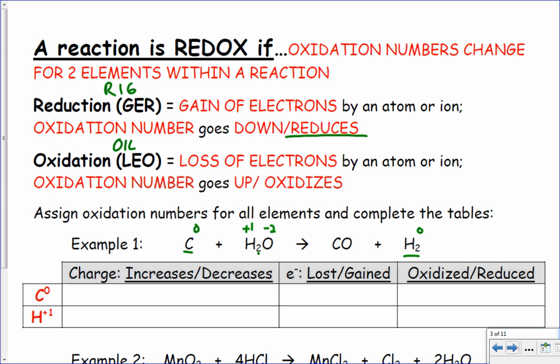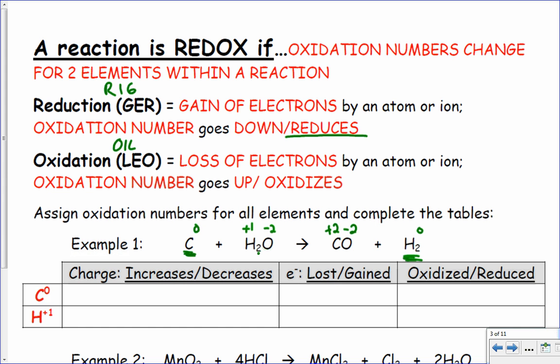Okay, good. Let me slow down and just say, hey, listen, when I have these lone elements that are 0, they're always the ones that are being oxidized or reduced, because they're not 0 on the other side. Okay. Now, oxygen is a -2, so carbon must be a +2 because there's one of each.